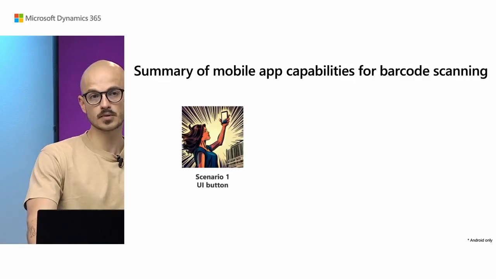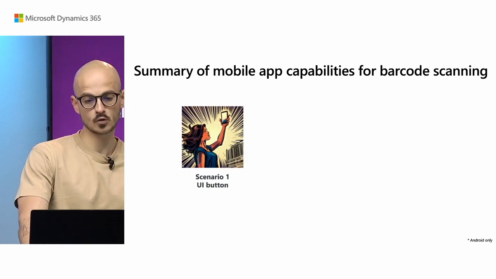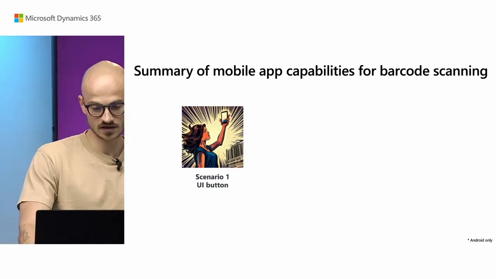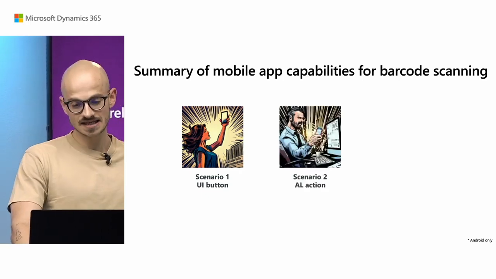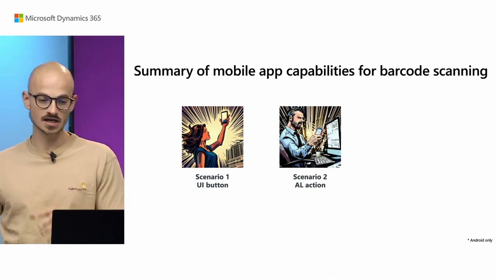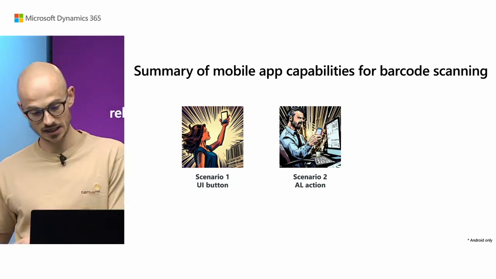In the first scenario, probably as you already know, we offer a UI button that indicates a barcode scanning functionality. In the second scenario, it is based on the same native functionality as the first scenario.